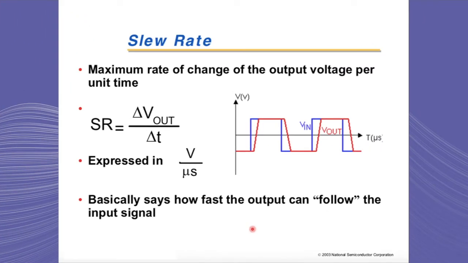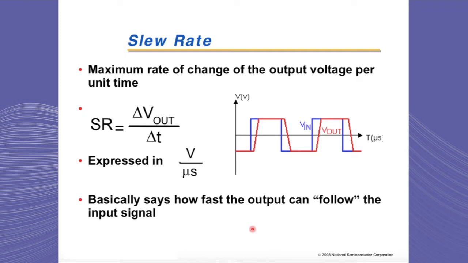The next parameter we're going to talk about is slew rate. Slew rate refers to the maximum rate of change of the output of the amplifier per unit time. Usually it's expressed in volts per microsecond, and it tells you how fast the output of the op amp can follow its input.